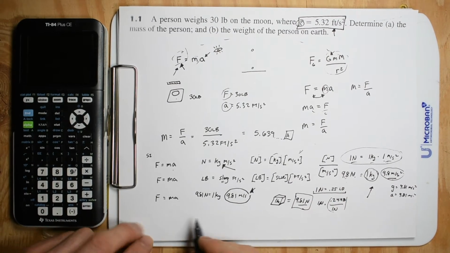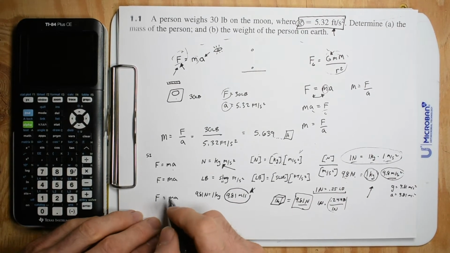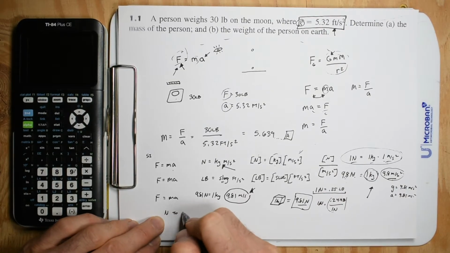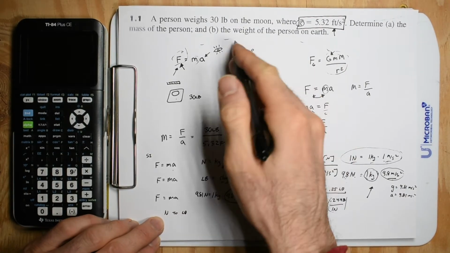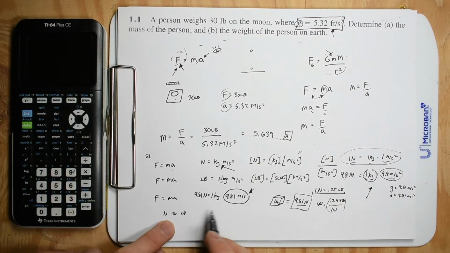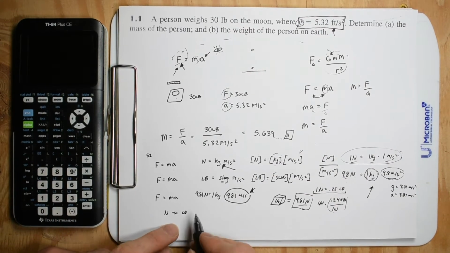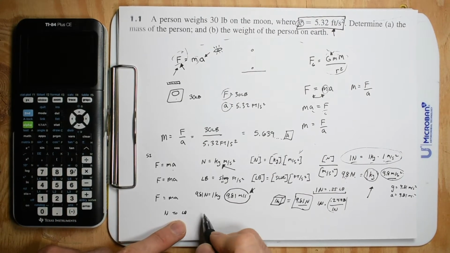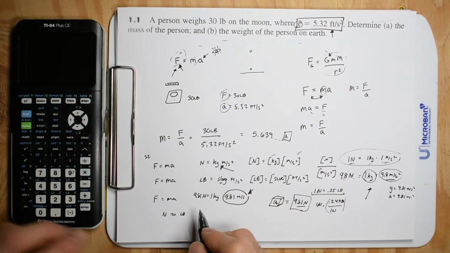So now, if you wanted to convert newtons to pounds, and I'm sorry, we're not even doing the problem, but this is real important. Let's say I want to know how much I weigh in newtons.